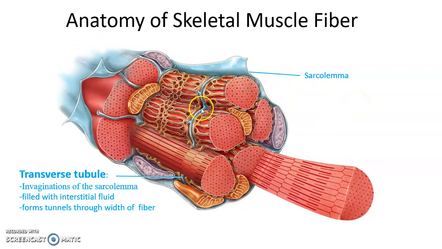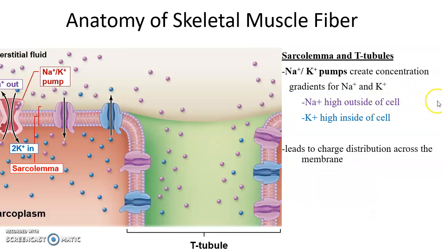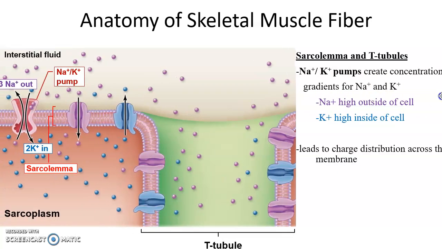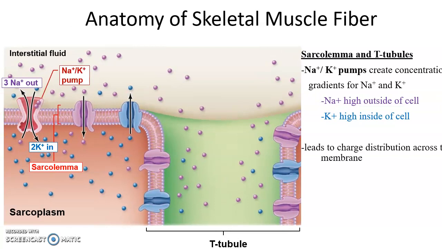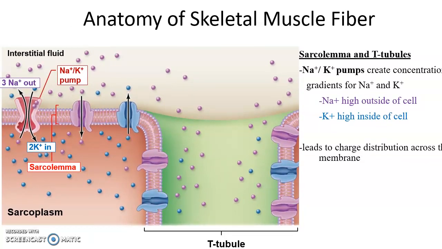These tunnels wrap around the myofibrils as they travel through the skeletal muscle fiber. And this is important because of that whole movement of charge along the length of the skeletal muscle cell.